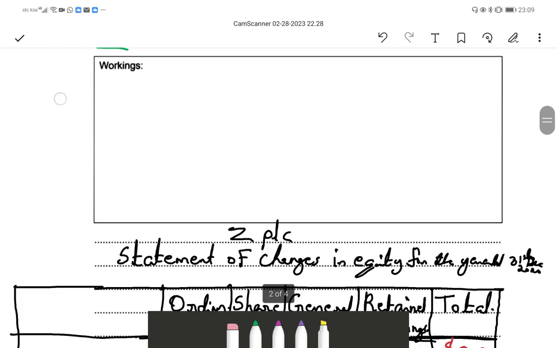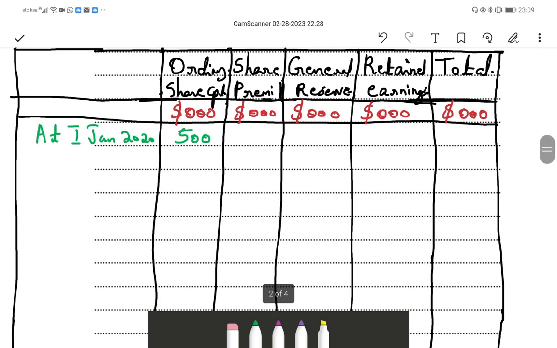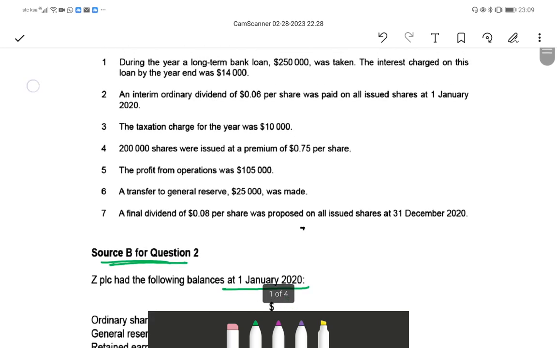Debenture is not part of ordinary share capital. So premium not given. General reserve 40,000 and retained earning 460,000. The total is 500 plus 40 plus 460,000. Next, one by one we can do.